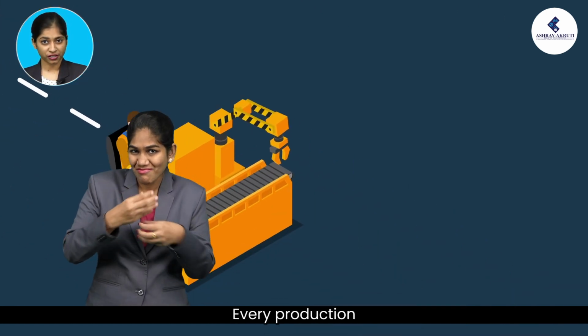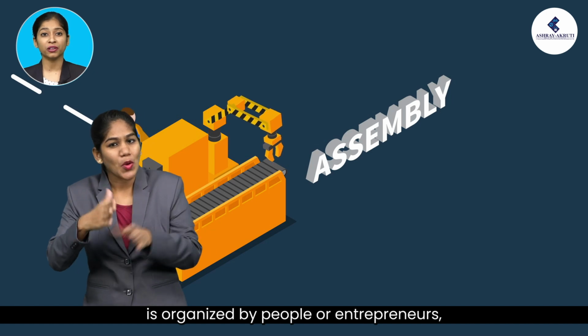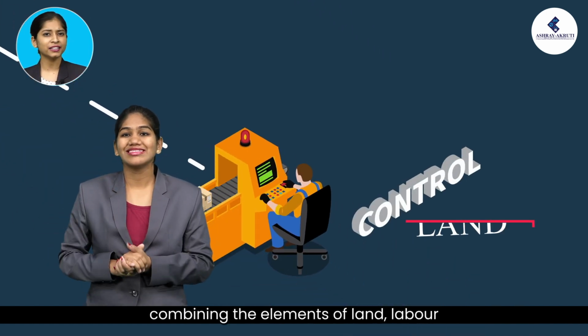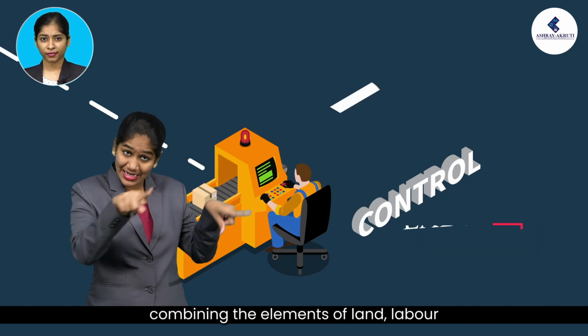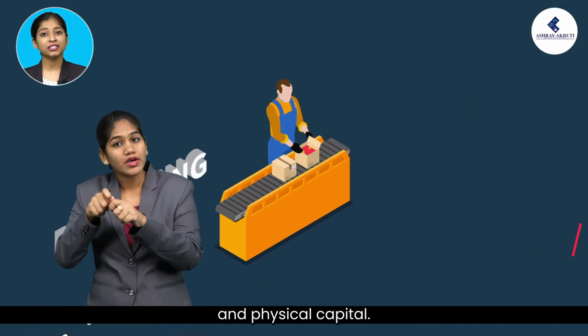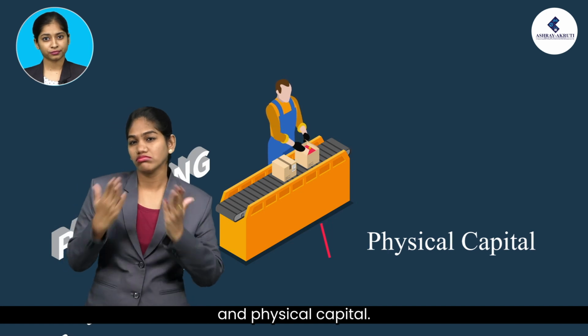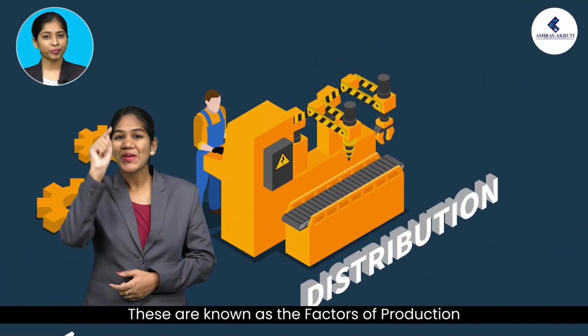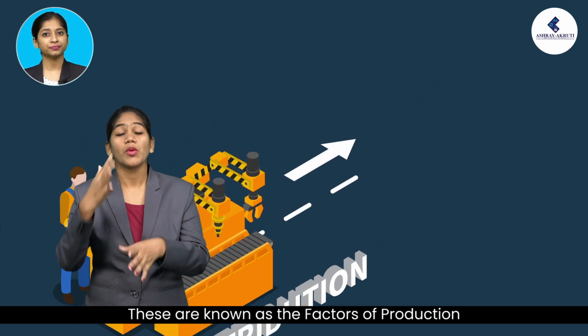Every production is organized by people or entrepreneurs combining the elements of land, labor, and physical capital. These are known as the factors of production.